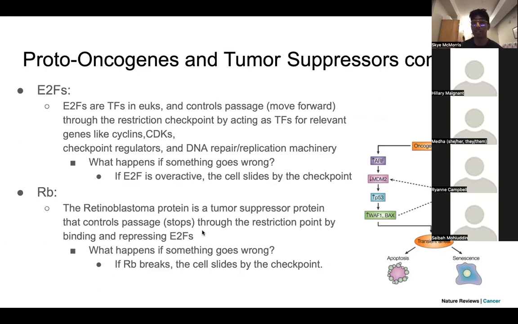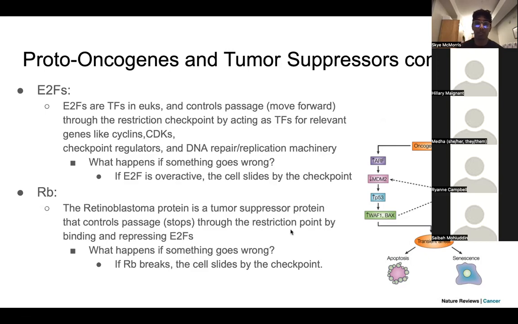E2F is only supposed to be active when you're trying to actively pass that restriction checkpoint. So when the cell is just hanging out in G1 phase or even in G0 phase, RB will bind to E2F and sequester it. If RB is bound to E2F, then E2F is inactive, so it's not able to carry out its function to push the cell forward through the cell cycle.